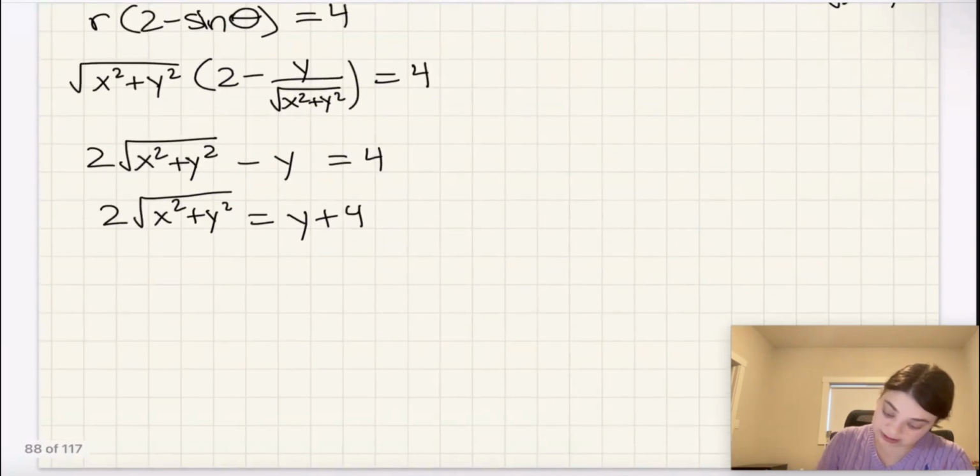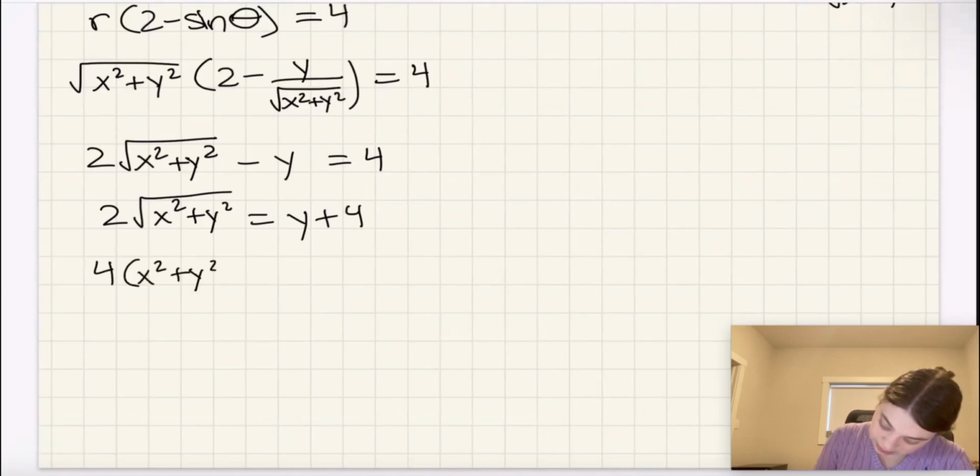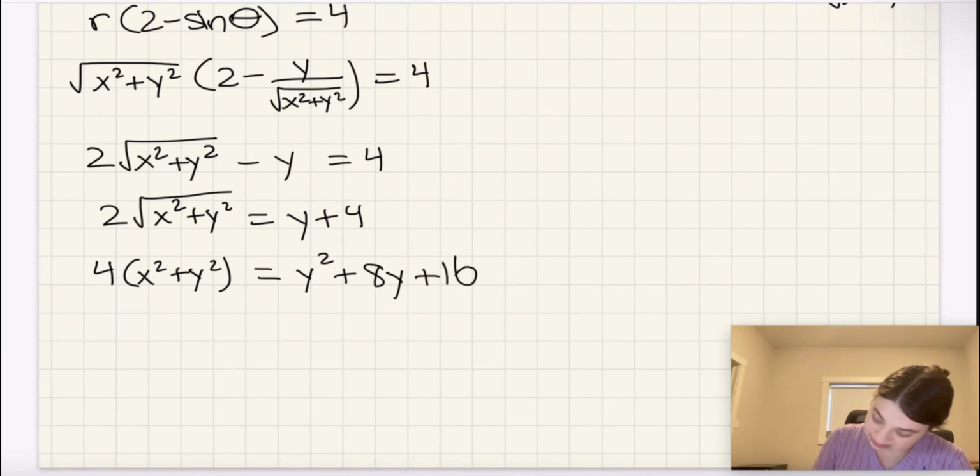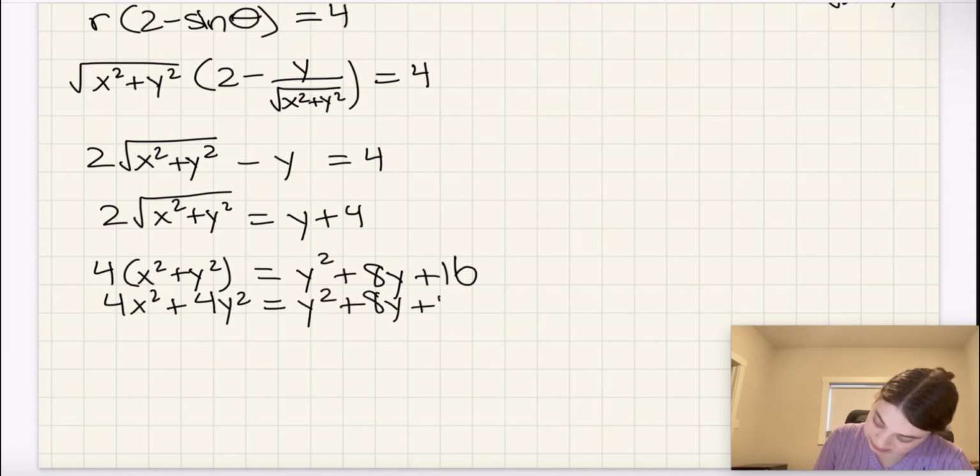Then if I square both sides, I get 4 times x squared plus y squared is equal to y squared plus 8y plus 16. And so that is going to give us 4x squared plus 4y squared is equal to y squared plus 8y plus 16.